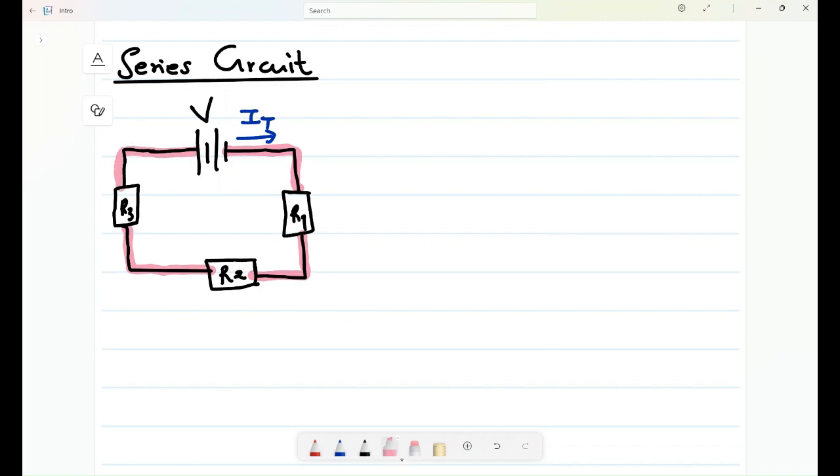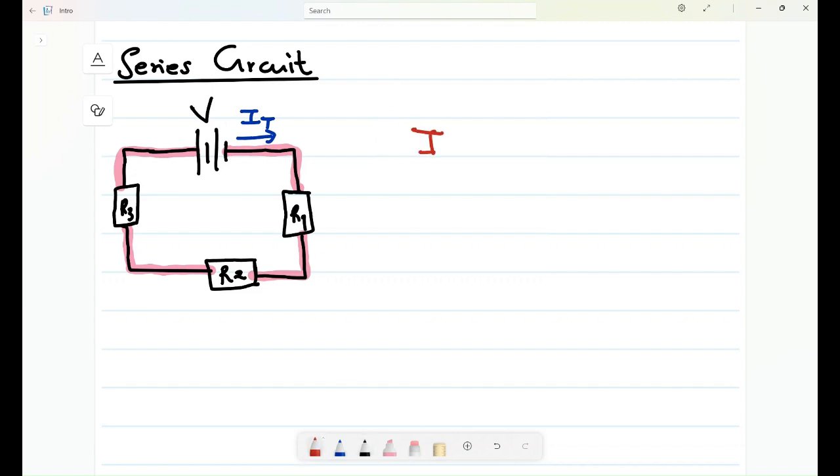Come back to the main source. All right. Now, do you all agree with me that the I total in this case, let me use a different color.